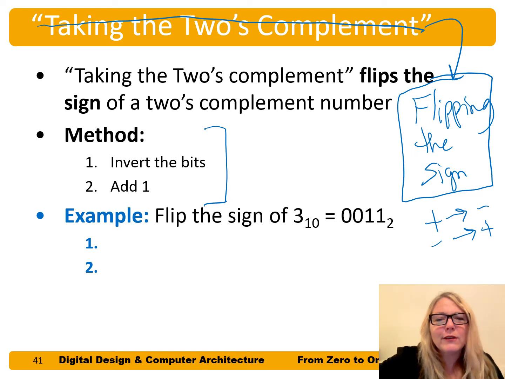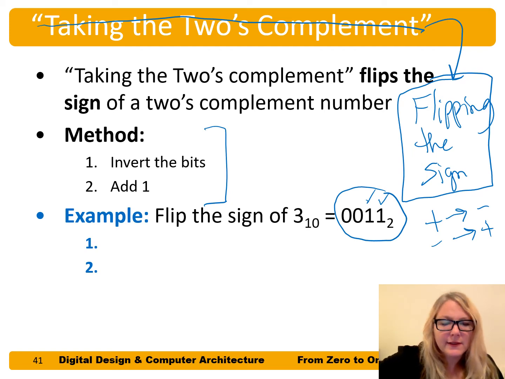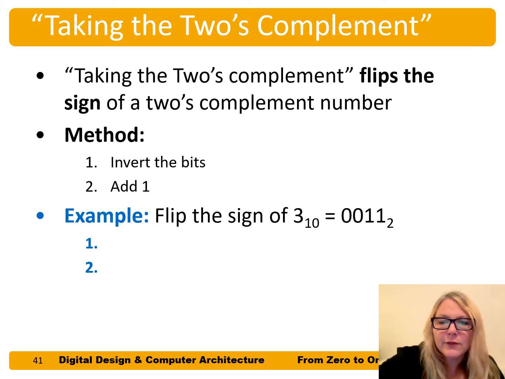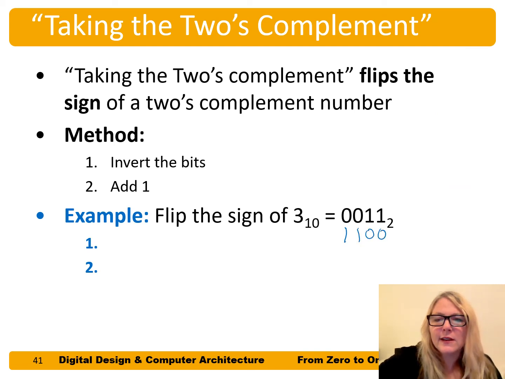So let's say we want to flip the sign of this 2's complement number, 0, 0, 1, 1. We know that is 1 plus 2, which is 3. And so we're going to invert the bits, which means to change each 1 to a 0 and each 0 to a 1.